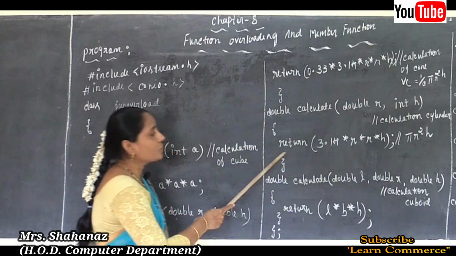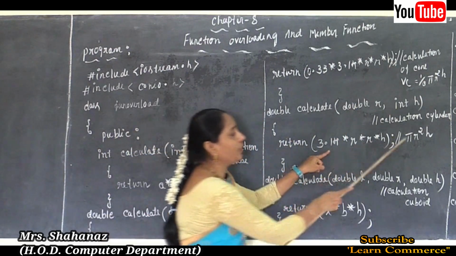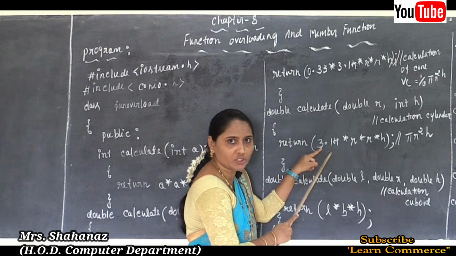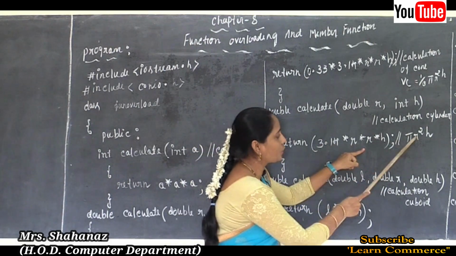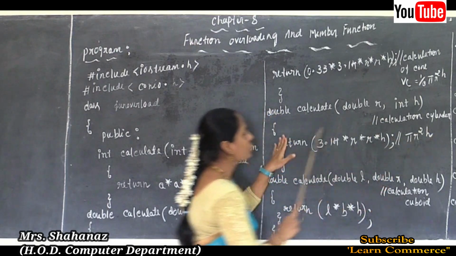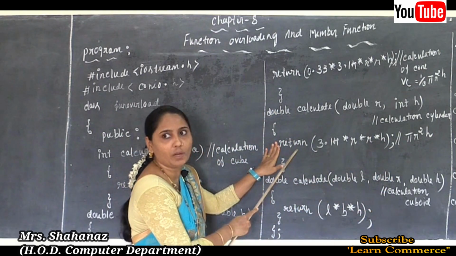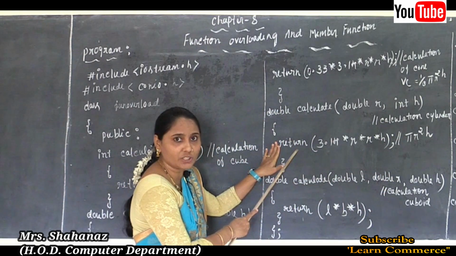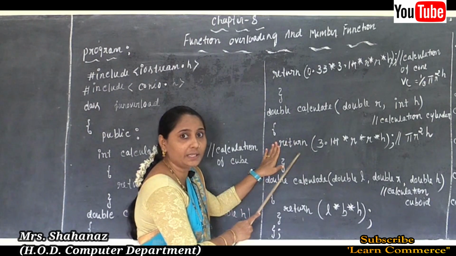So return, we know the pi value is 3.14, and r into r into h. This is the calculation of our cylinder. Is this point clear here? The function is the same, that is calculate.